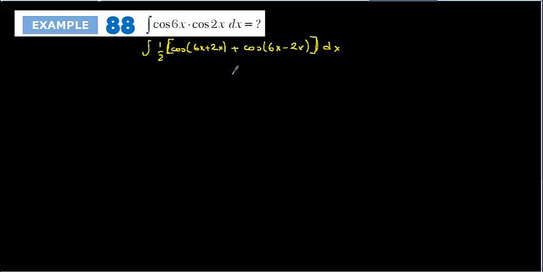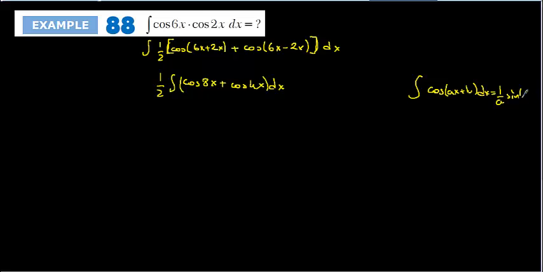Okay, then you can write this coefficient in front of the integral: 1 over 2 integral cosine 8x plus cosine 4x dx. The integral of cosine ax plus b dx was equal to 1 over a sine ax plus b plus c.